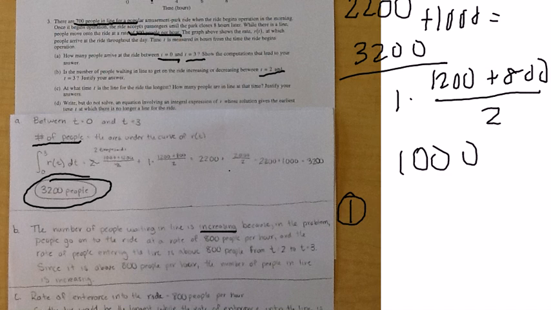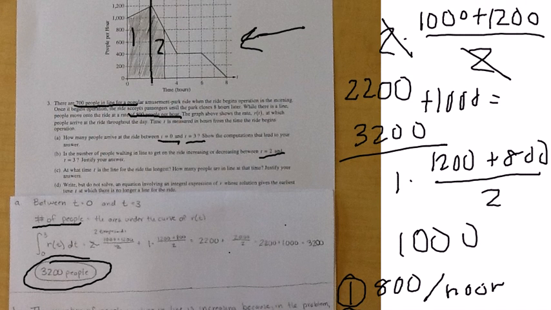The line is losing people because the people are going into the ride at 800 per hour. The line is gaining people from 1,000, from 2 to 3.